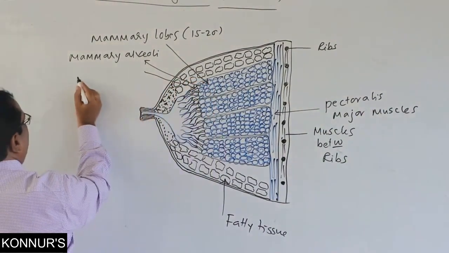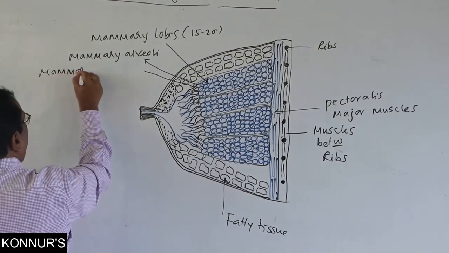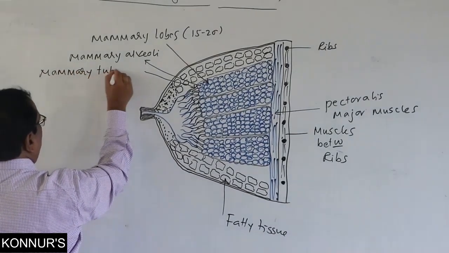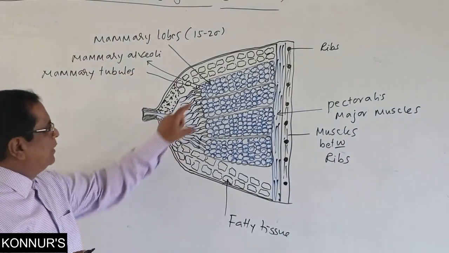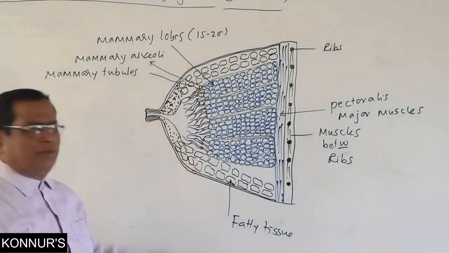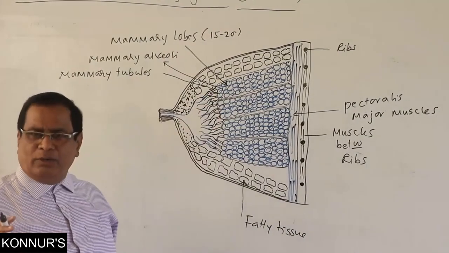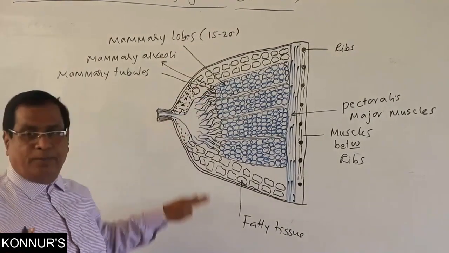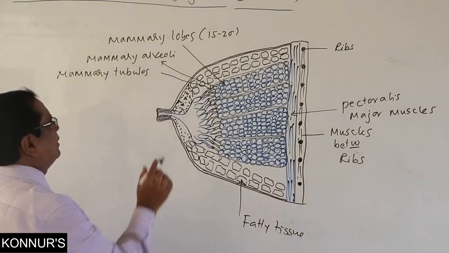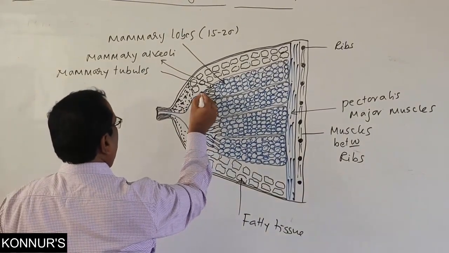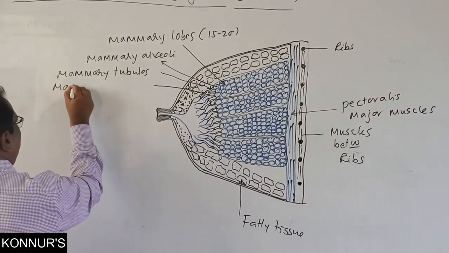These ducts are named mammary tubules. Mammary tubules are very minute. They come from each lobule, each lobe, and these mammary tubules join to form little larger mammary ducts.